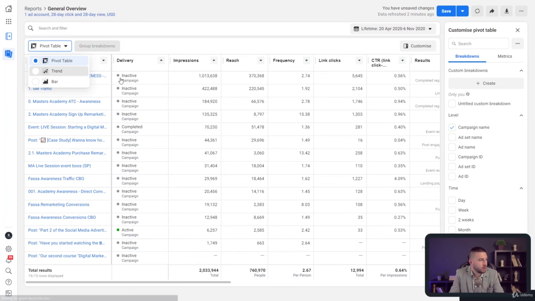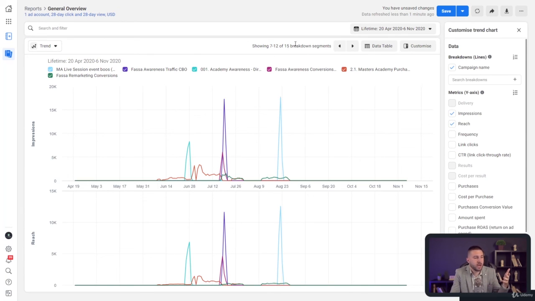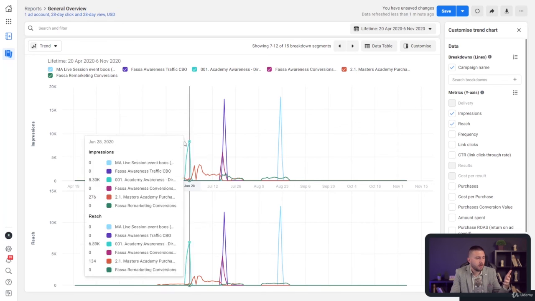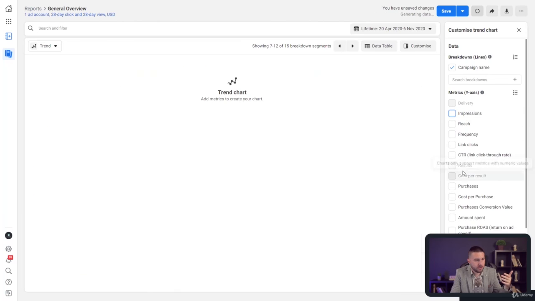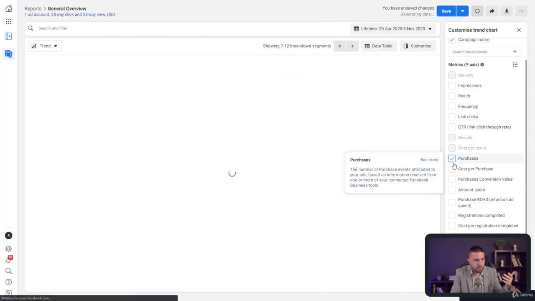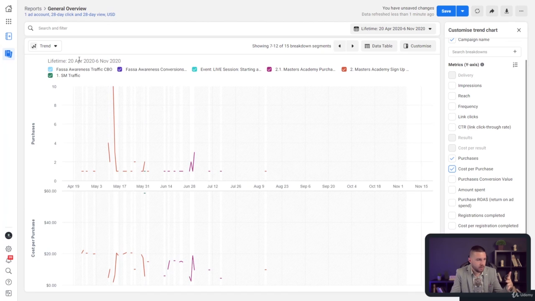And then maybe you can take a look at the trends. Now, with the trends, obviously, you don't want to break down into too many things. So what you want to see, for example, is just compare the purchases and the cost per purchase. And then the trend graph would be of any use.